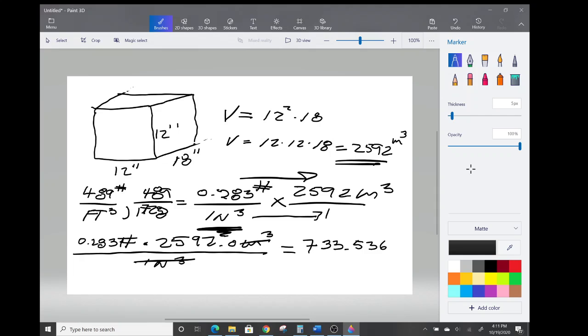The only thing left is pounds, right? And that's what we want. How much does it weigh? Okay. So that's your answer. It weighs 733.536 pounds.